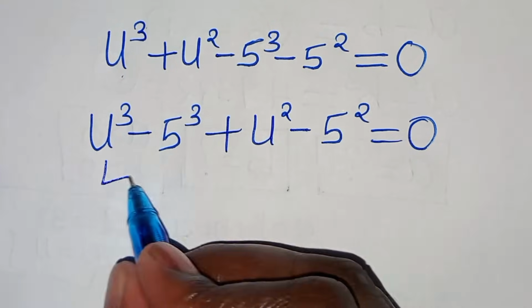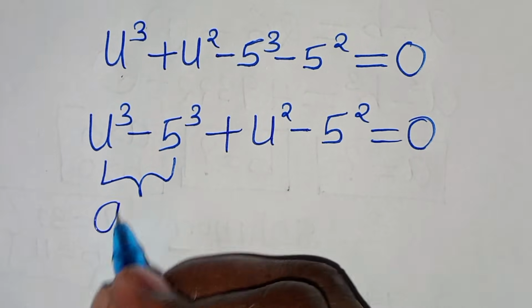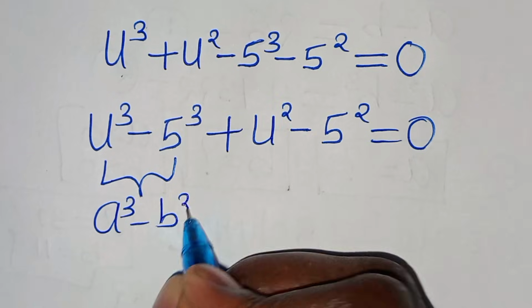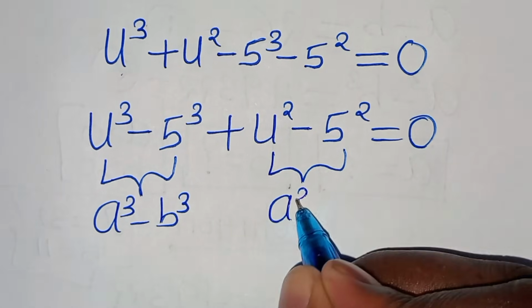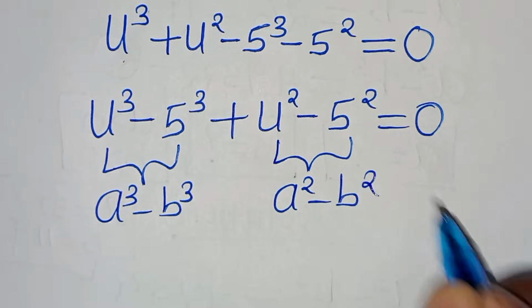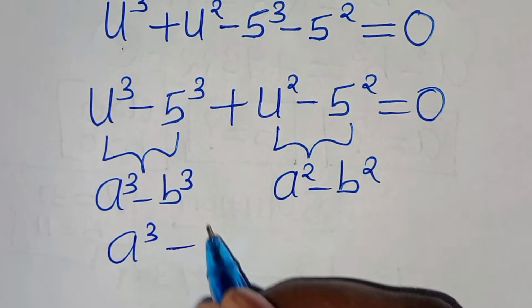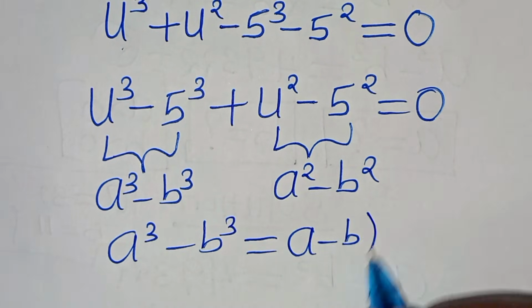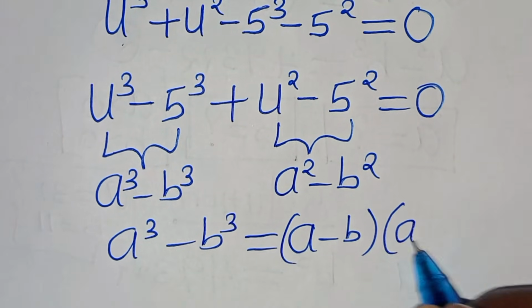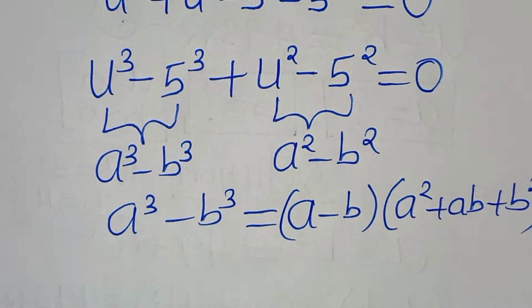Now we have got two parts here. The first part is the difference of two cubes, expressed as a to the power of 3 minus b to the power of 3. And the second part is the difference of two perfect squares, expressed as a squared minus b squared. From the first part, a to the power of 3 minus b to the power of 3 is the same thing as a minus b times a squared plus a times b, then plus b to the power of 2.